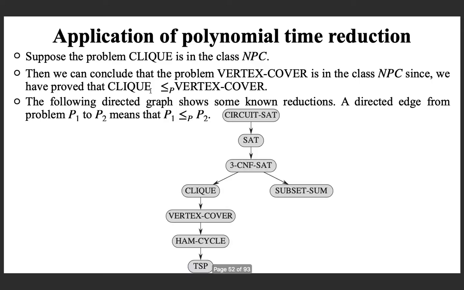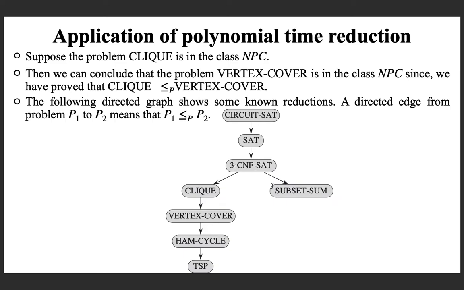Now here I am copying a figure from the textbook where an arrow shows a polynomial time reduction. These are all NP complete problems. Circuit satisfiability problem can be reduced to the satisfiability problem in polynomial time, which can again be reduced to the satisfiability of formulas in 3 conjunctive normal form, where each clause has 3 terms.